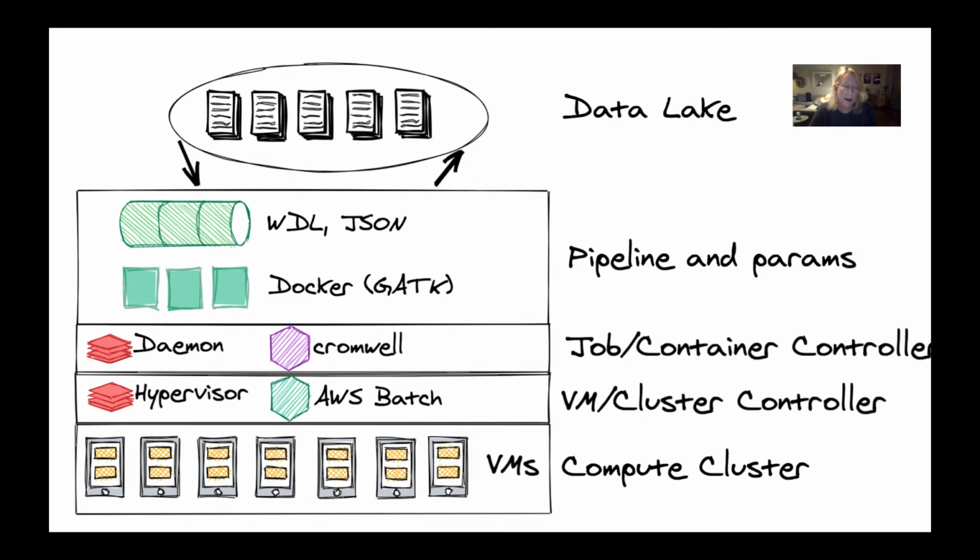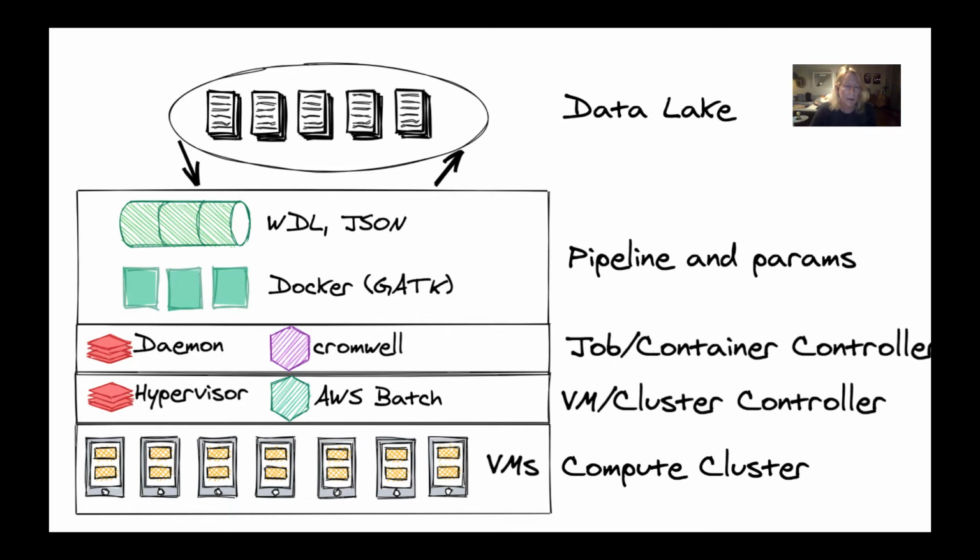So there are some higher-level tools being created by the research organizations, and I have in purple here a tool called Cromwell, which is physically a Java jar file created by the Broad Institute. This is an orchestrator that runs on top of AWS Batch, and the idea is that it abstracts the orchestration to a level that is more understandable to a researcher.